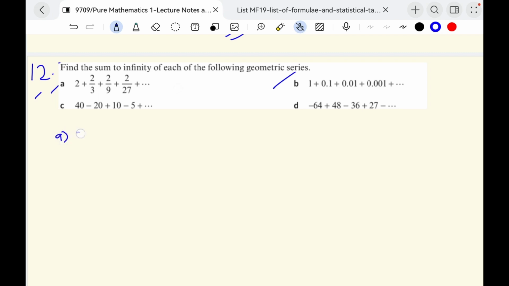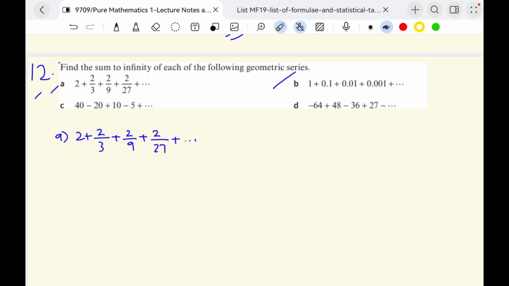A: 2 plus 2 over 3 plus 2 over 9 plus 2 over 27. How do you spot the recurrence and identify that this series is a geometric series?